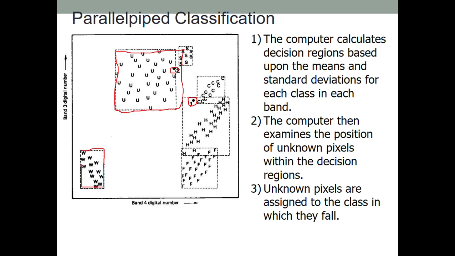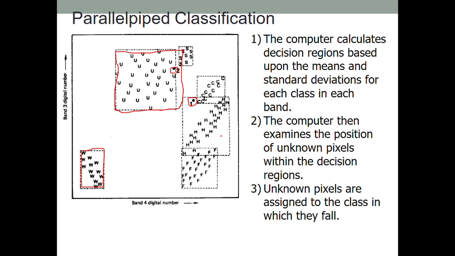The computer then examines the position of the unknown pixel, and whatever pixels fall within the range of the standard deviation, the parallelepiped will automatically assign to that class.